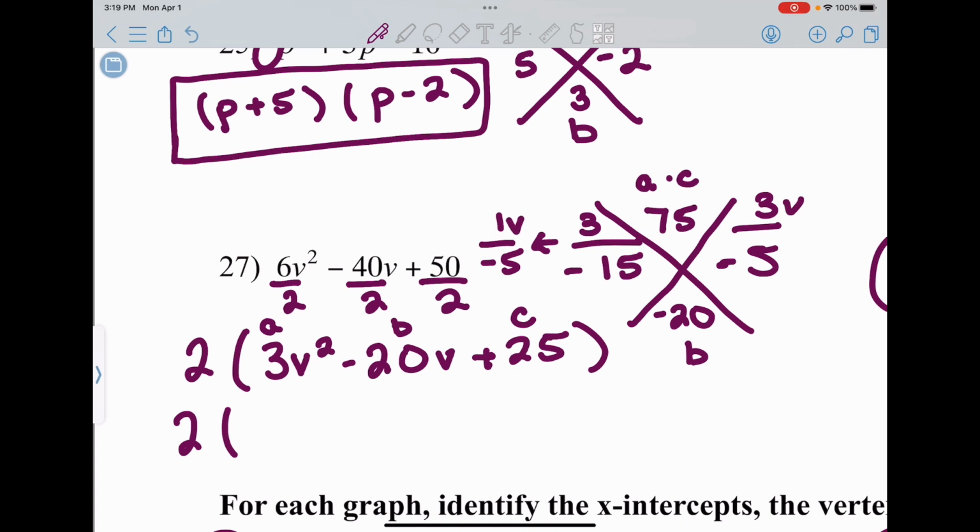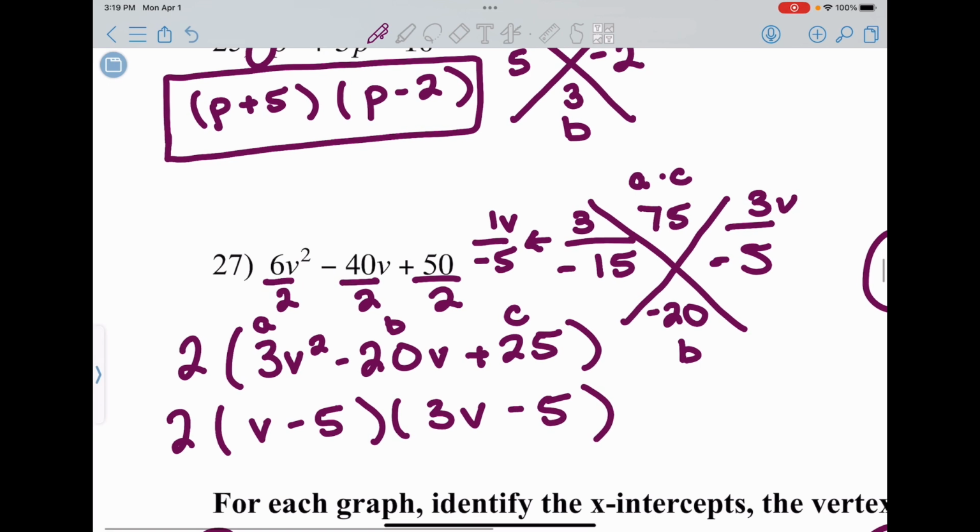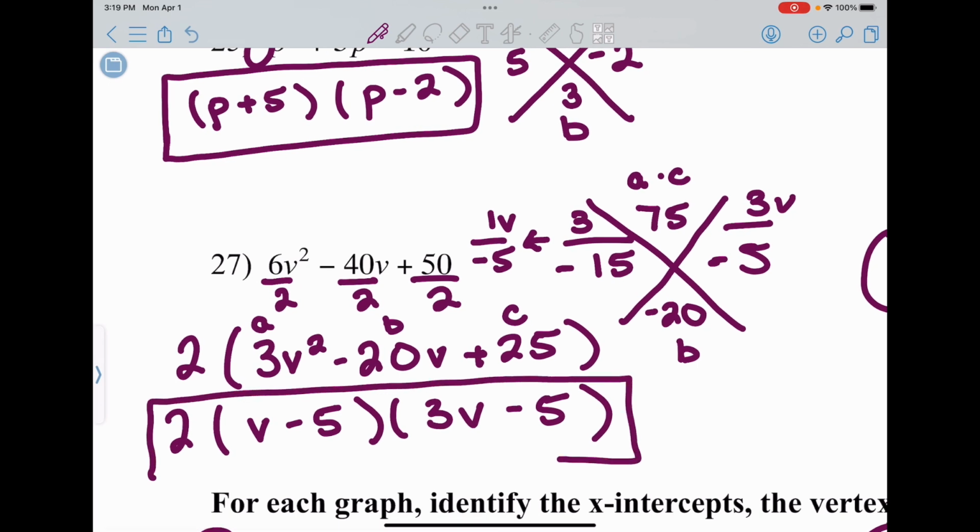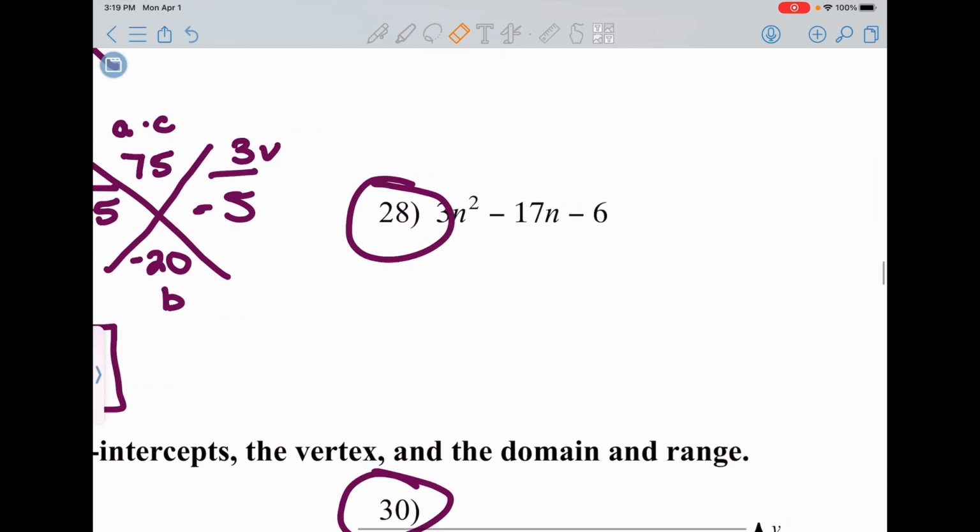So this will be 1v minus 5 and 3v minus 5. Still with that 2 out front because I divided by it in the beginning. So please make sure, even when it says you are going to do magic X, look for a greatest common factor first. Let's try this again looking at number 28.